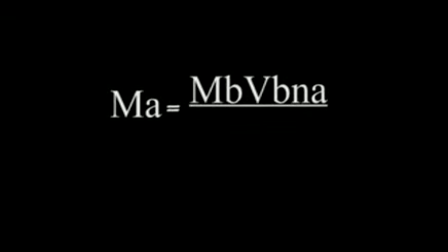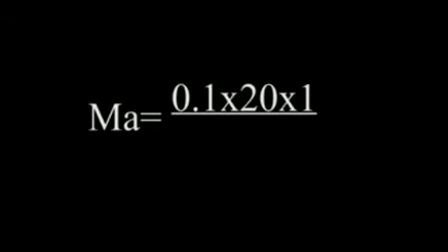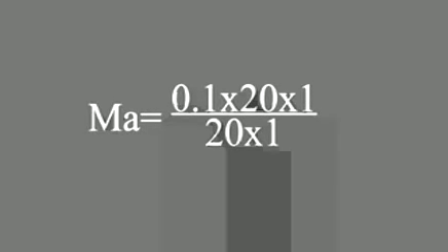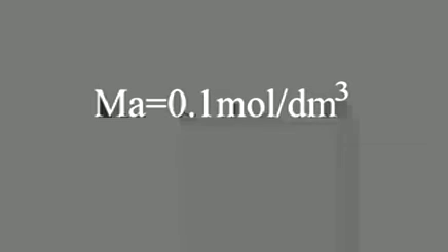Molarity of acid equals molarity of base times volume of base times number of moles of acid, divided by volume of acid times number of moles of base, where molarity of acid equals 0.1 molarity of base times 20 centimeter cube volume of base times 1, which is the number of moles of acid, divided by 20 centimeter cube volume of acid times 1 number of moles of base, in which the molarity of acid is 0.1 mole per dm cube.